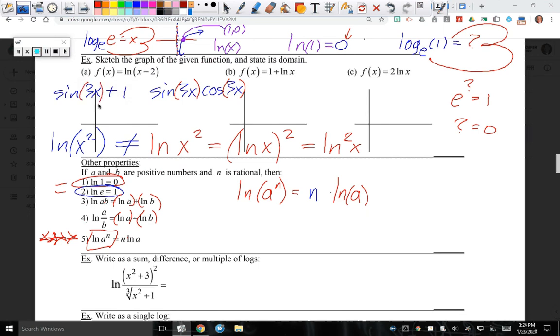It's still around only the 3x. Because everything that follows, a sine, cosine, anything trigonometric, tangent, anything that follows after that, whatever is attached to the first term through multiplication, that's what's considered to be in parentheses when it's not written.